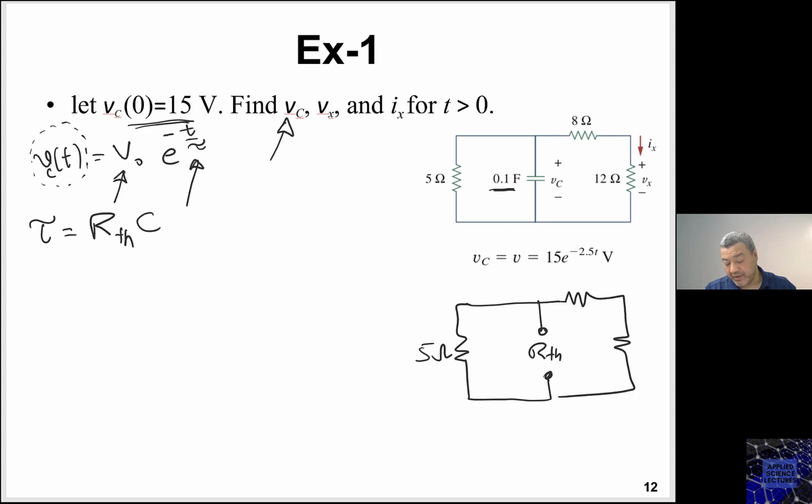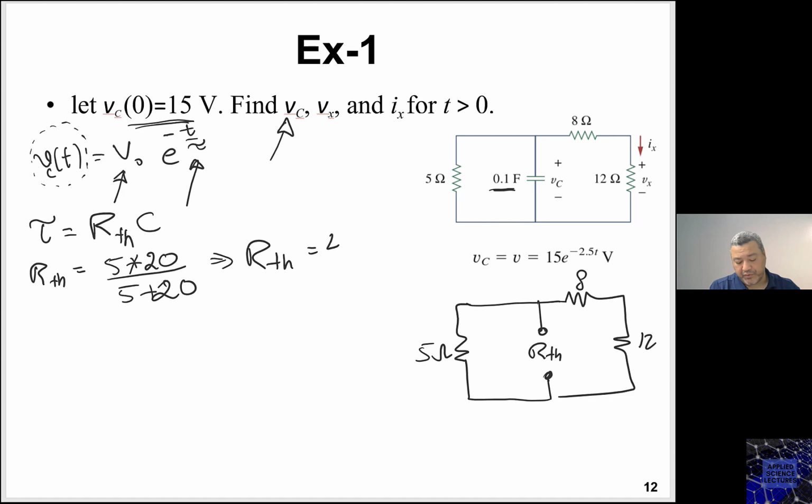I have here 12, I have 8, I have 5. So my R Thevenin is indeed 5 and 20 in parallel. So this is going to be 5 times 20 divided by 5 plus 20, and R Thevenin would be 4 ohm.